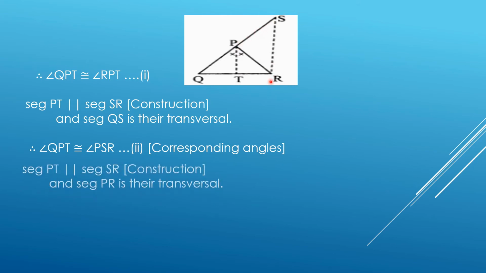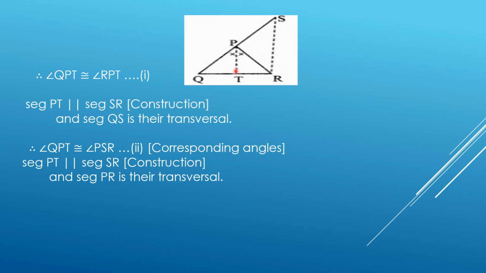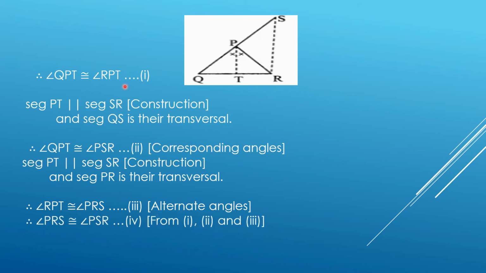And segment PT is parallel to segment SR and segment PR is the transversal. Therefore, angle RPT and angle PRS are alternate angles. Alternate angles are congruent. Therefore, angle RPT is congruent to angle PRS. That is equation number 3. From equations 1, 2 and 3, angle PRS is congruent to angle PSR.